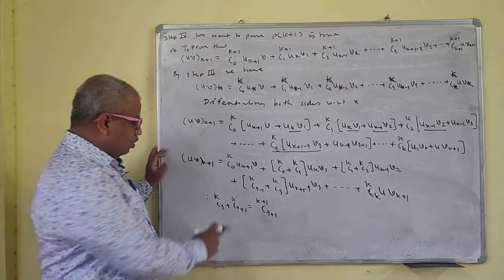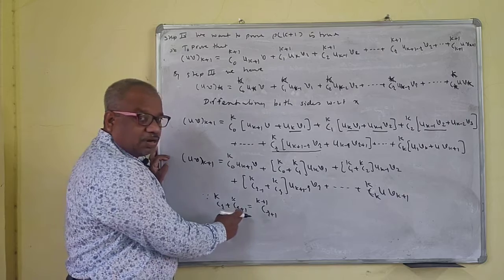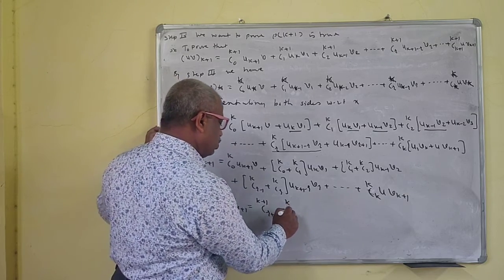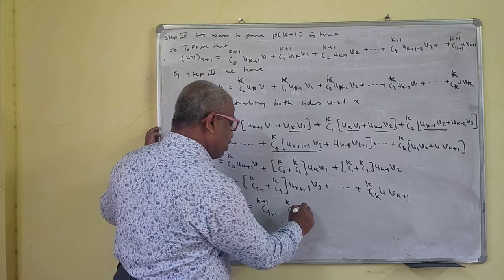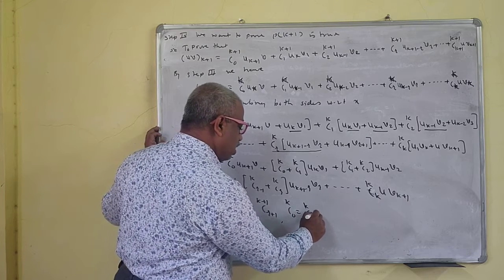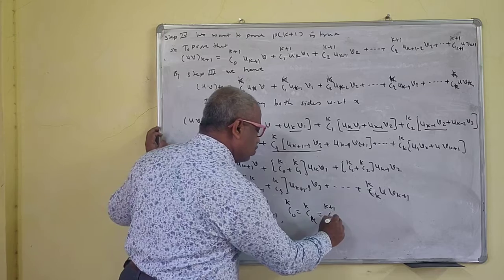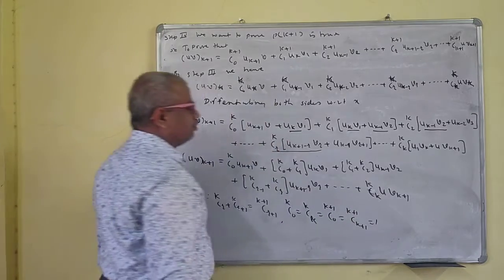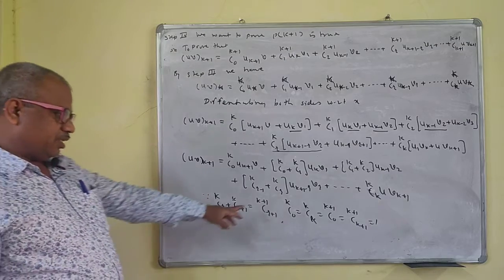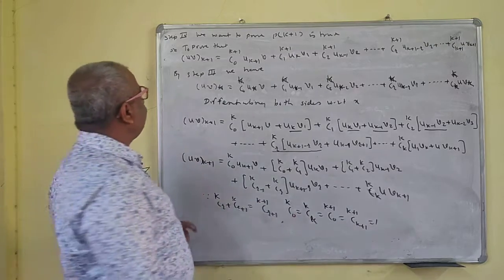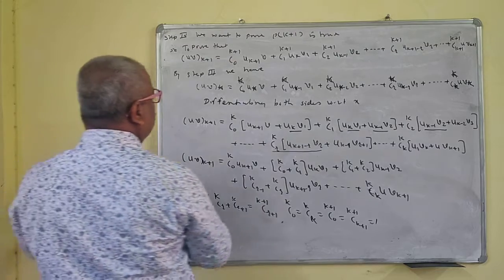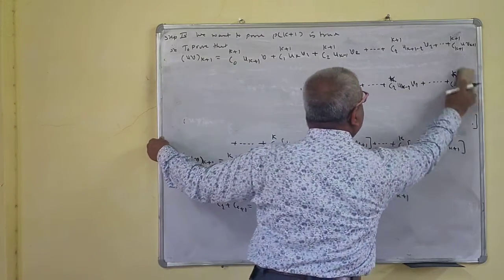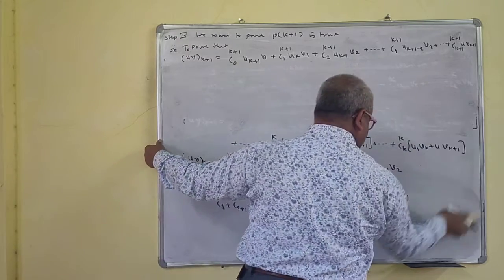So maximum is r plus 1. And you know that kc0 is same as kck, this is same as k plus 1 c0, this is same as k plus 1 c k plus 1, this is equal to 1. So we are familiar with this one. This formula, we are just using this.